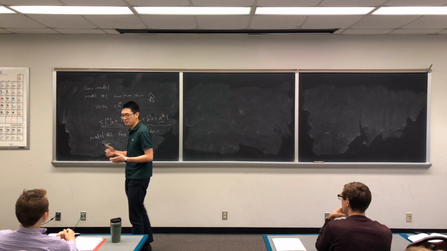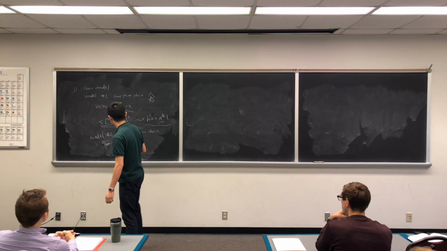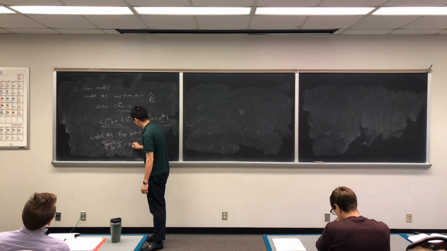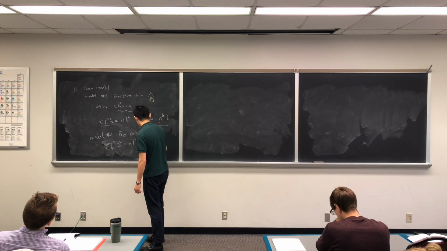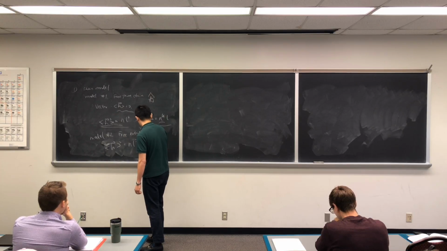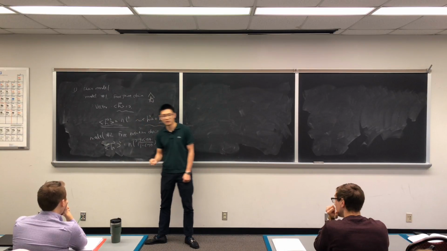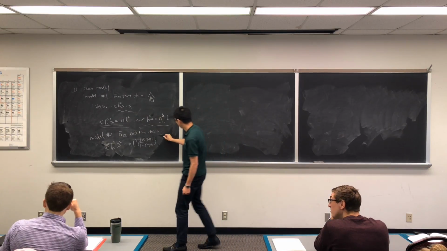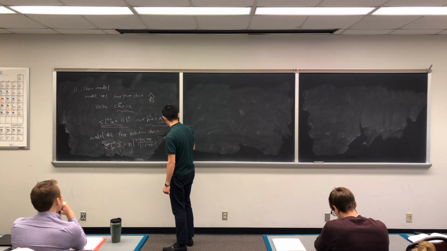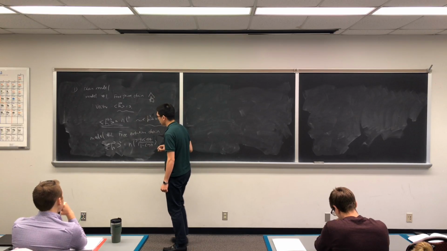But everyone followed me in the class, and we understand the end-to-end distance h will be NL squared times 1 plus cosine theta over 1 minus cosine theta. In this case, theta is the bond angle.